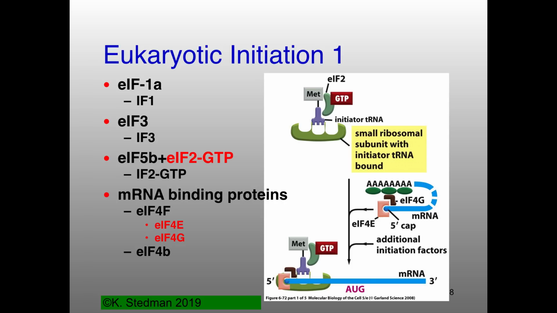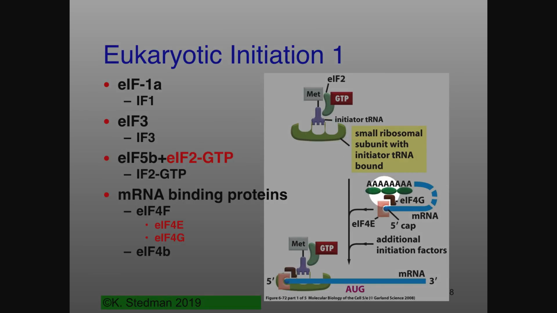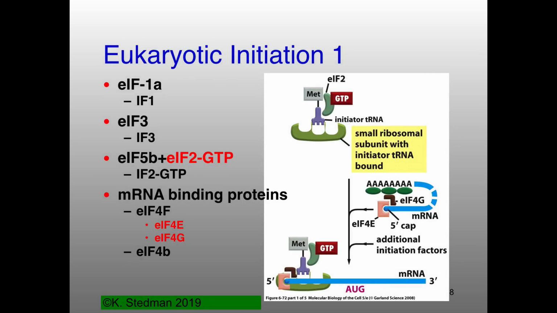So eukaryotes are different, particularly in terms of their messenger RNAs. Messenger RNAs are made in the nucleus and exported, and once they've been exported, they have other proteins associated with them, particularly at the end of your RNA, which has a 5' cap structure that interacts with eIF4E, which displaces the cap binding complex. We talked about the cap binding complex way back for the last midterm.